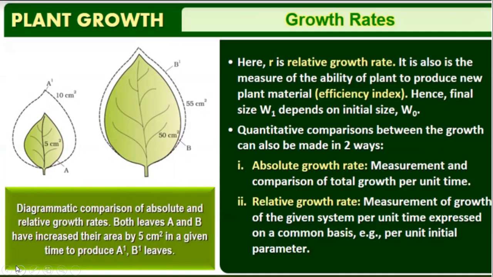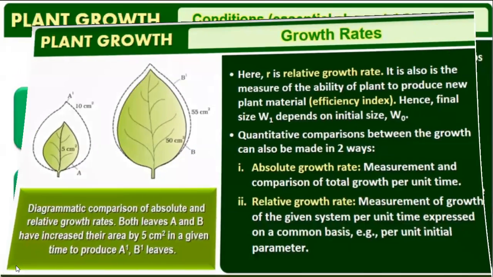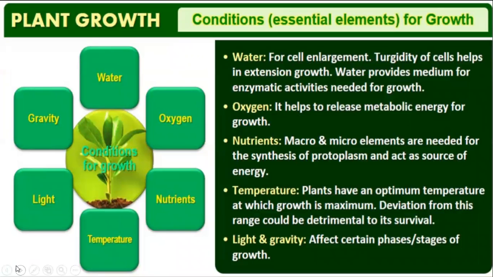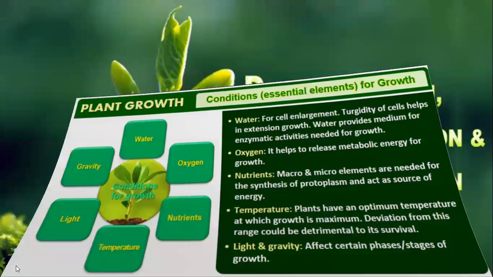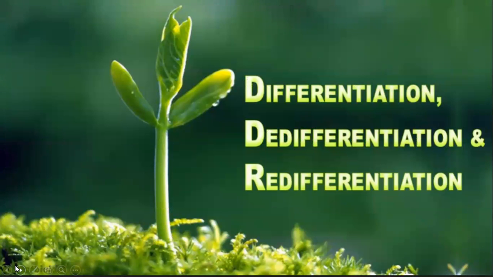Then the quantitative comparison of growth can be measured in two ways: absolute growth rate, that is measurement of the total growth per unit time, and relative growth rate, measurement of a particular feature of the plant. We also learned about the conditions of growth, such as water, oxygen, nutrients, temperature, gravity, etc.